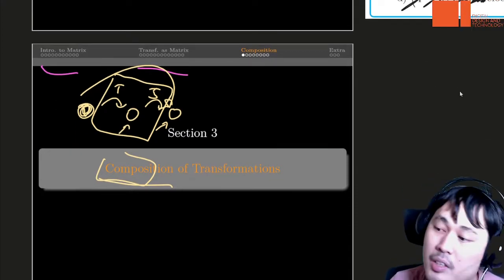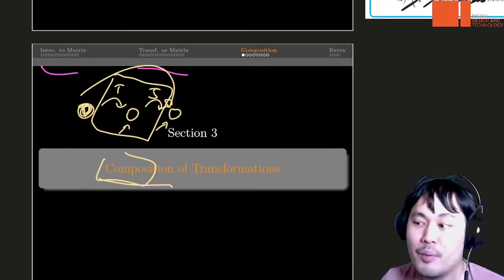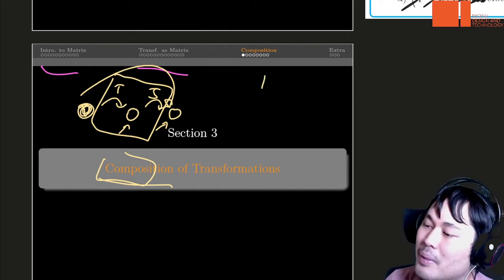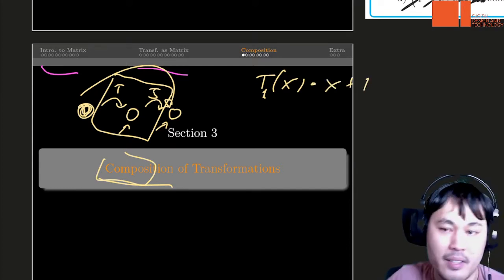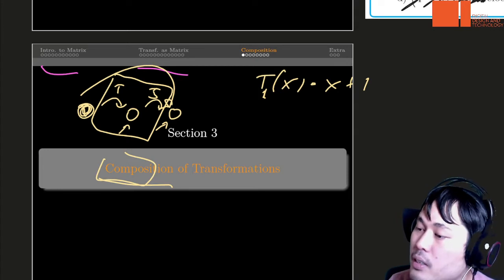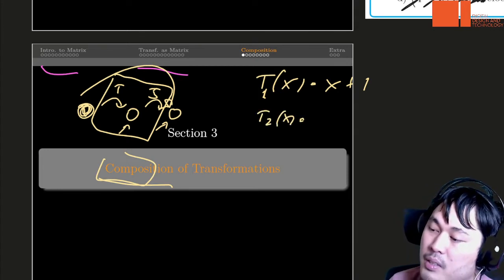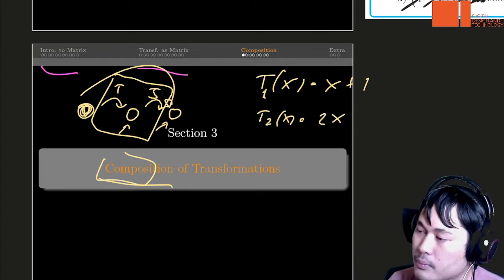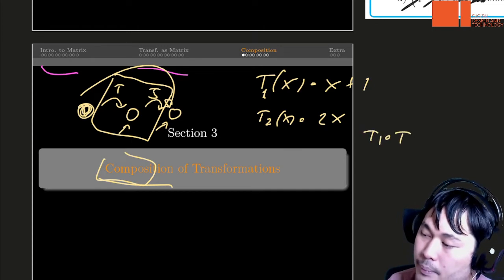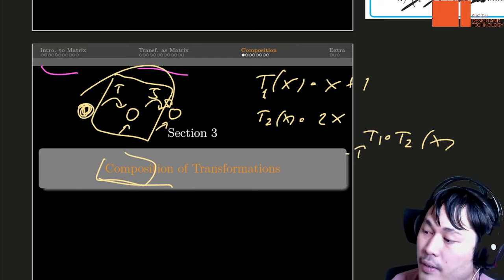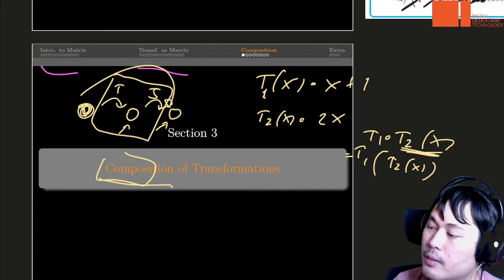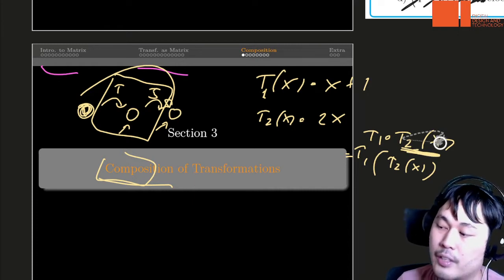Back then when we talked about composition for one dimension, that was easy, right? Let's say the first transformation adds 1 to a number, so you move everything to the right by 1 point. And the second transformation says you multiply everything by 2. Once you compose them, you do these two transformations in order. By definition, we do the inner one first, the one that is close to the number.